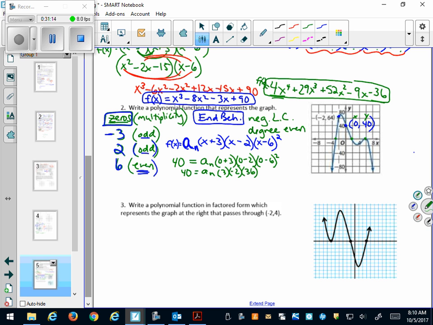And that is 160, negative 2, what is it? Oh boy.